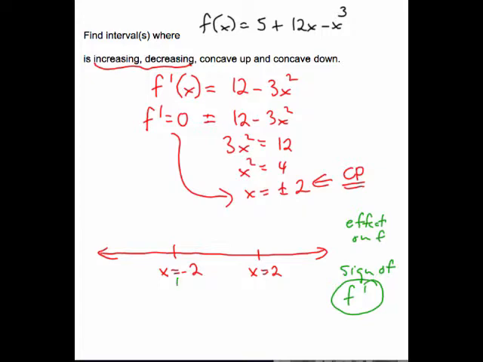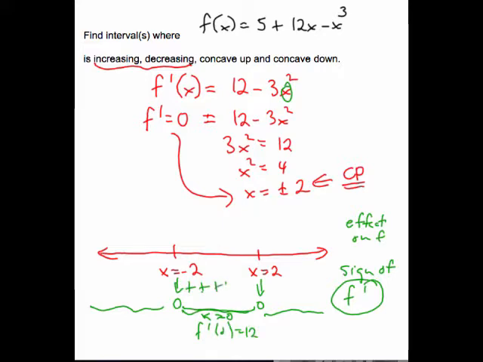I know where the first derivative is 0, at these points, so where it's positive or negative would have to happen somewhere in between. I could simply plug in a value in between these two x values. For example, at x equals 0, if I plug 0 into my derivative, I get f prime of 0 to be 12, which is a positive derivative in this section. And a positive first derivative tells me that the original function is increasing. Then I could test intervals in the other two sections.